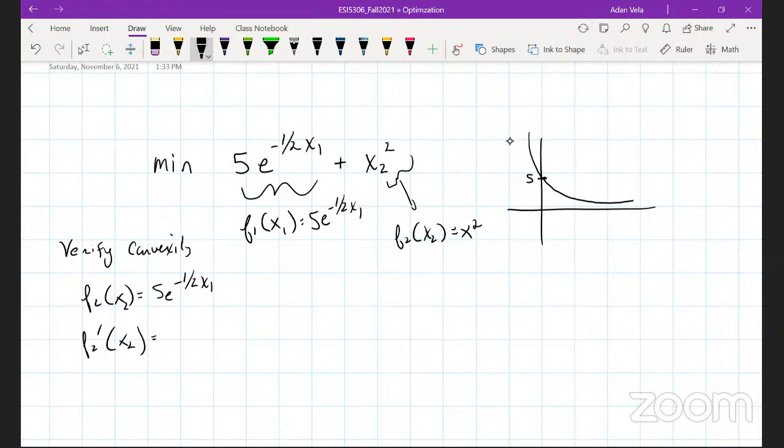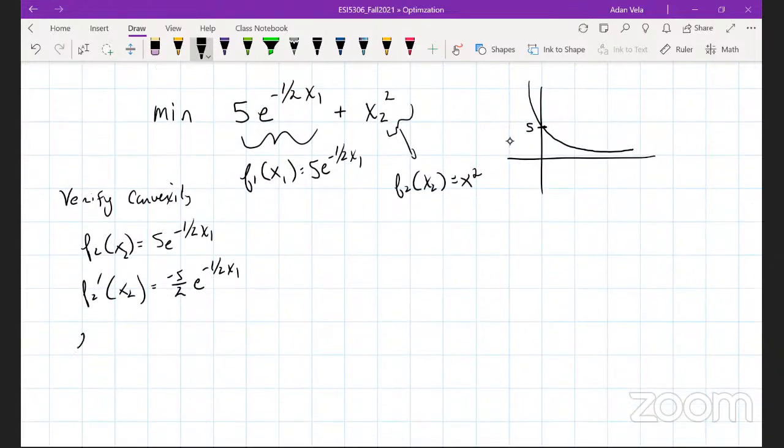The first derivative of that is minus 5/2 e to the minus 1/2 x1, while the second derivative is 5/4 e to the negative 1/2 x1. In this case, this expression is always greater than or equal to 0, no matter what x1 is, which tells us that, and that should be 1, I don't know why I wrote 2, that the first separable function is in fact convex.